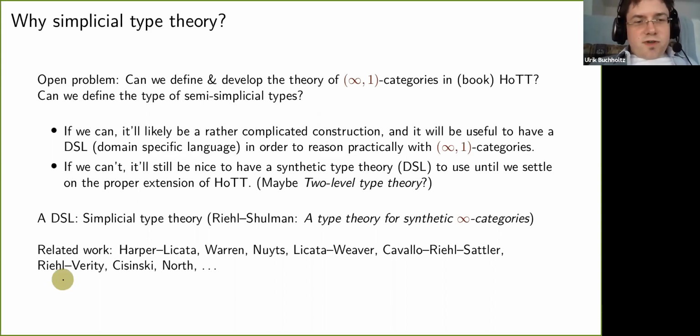I'm also going to just point to this work on infinity cosmoses, because we are inspired by that, even though it's not type theory. It's still an approach to synthetic reasoning about higher category theory, so I'm going to mention it here. Denis-Charles Cisinski spoke also a year ago at HoTTEST about something related. Paige North is working on directed type theory, and as I said, I'm sure I left something out. So lots of activity around this area.